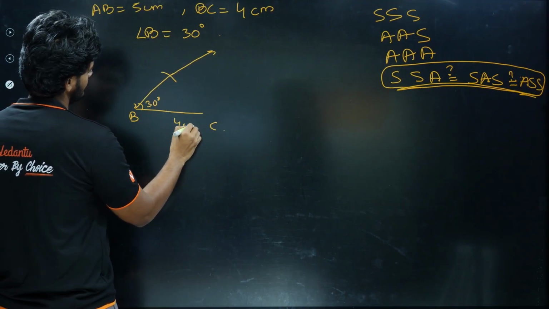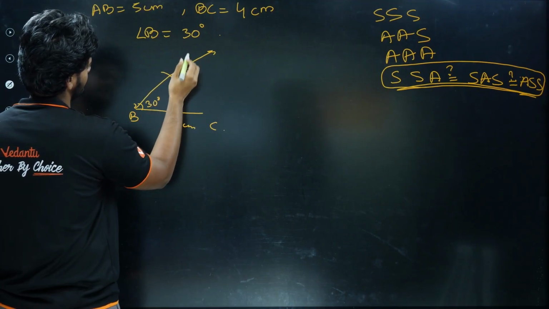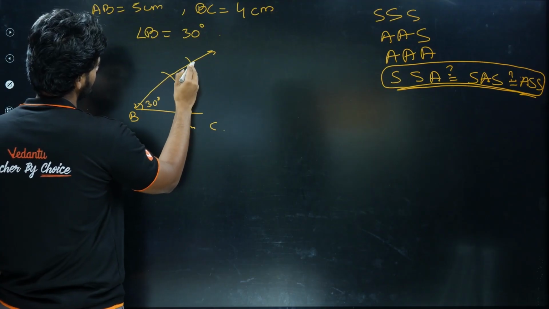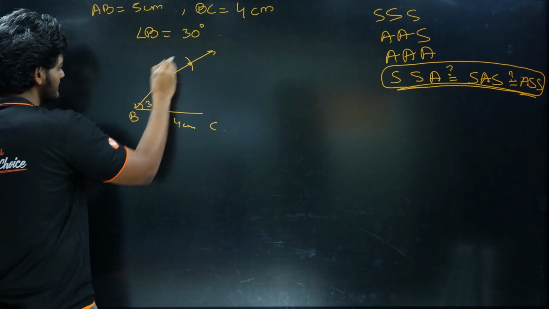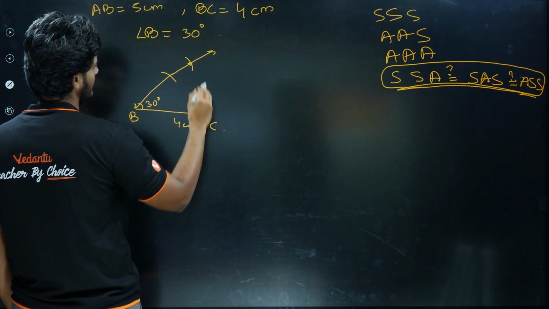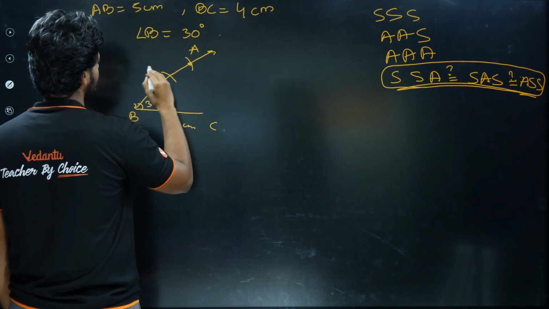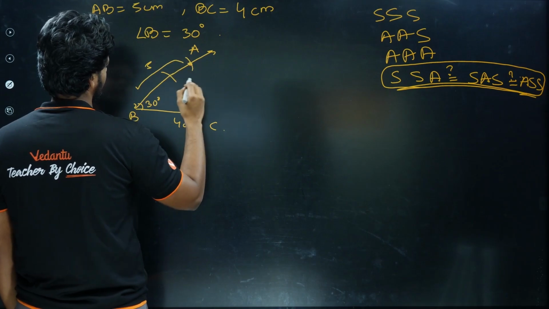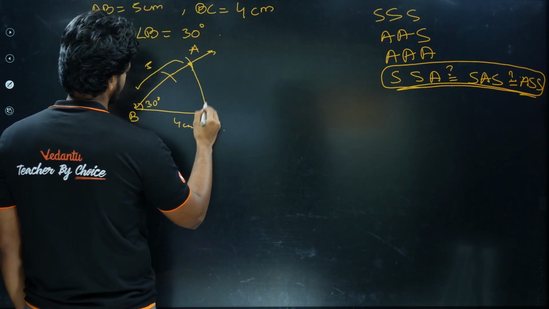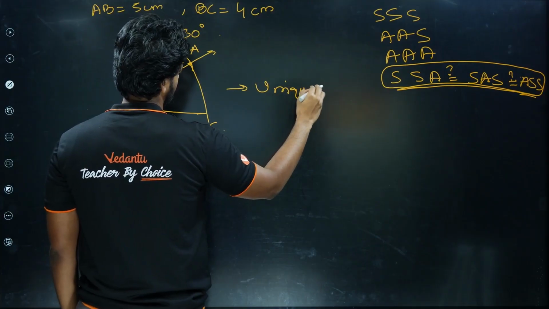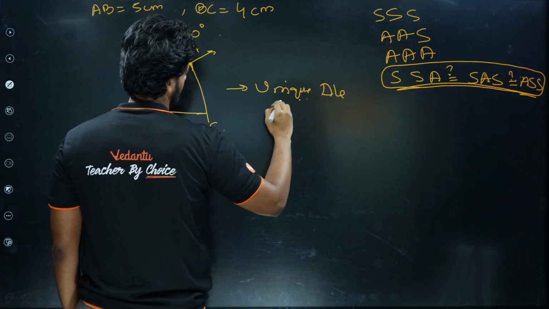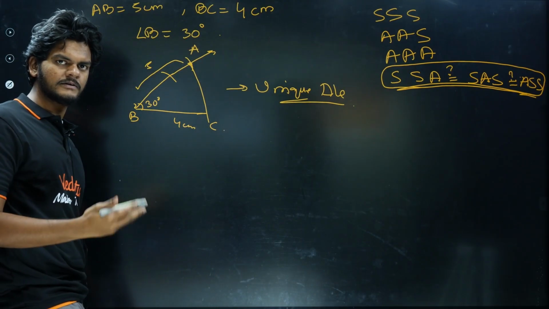If this is 4 centimeters, this 5 centimeter will be somewhere here. But the moment you cut it, you got a point which is making 30 degrees with this. So this has to be A, and this length is 5 centimeters. Now you join AC. That will be a unique line. That will be a unique triangle.